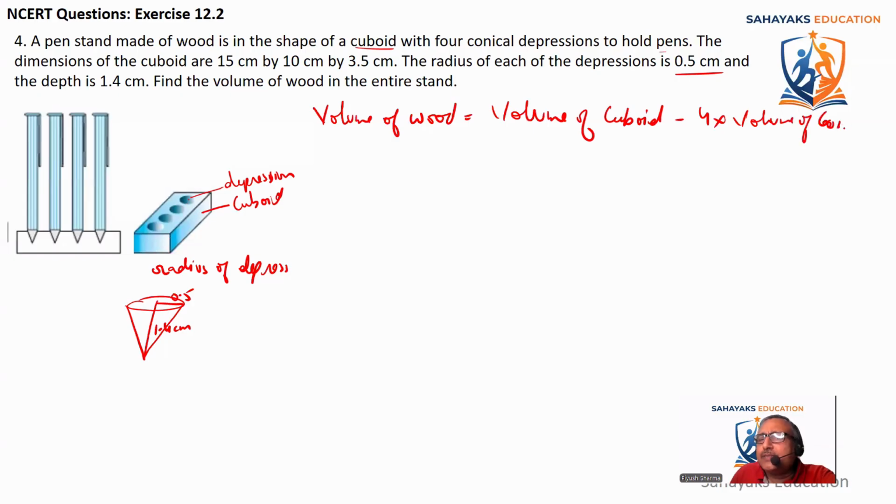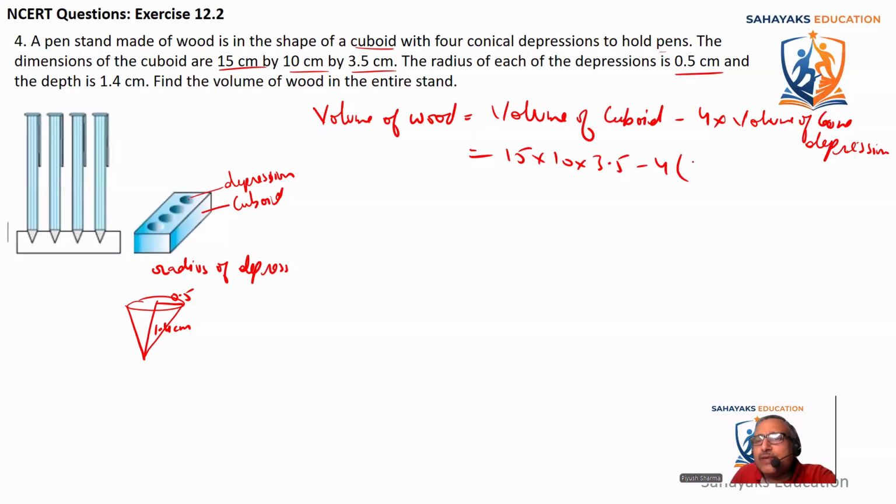The volume of cuboid is length into breadth into height, 15 by 10 by 3.5. So this is 15 into 10 into 3.5 minus 4 times volume of cone.